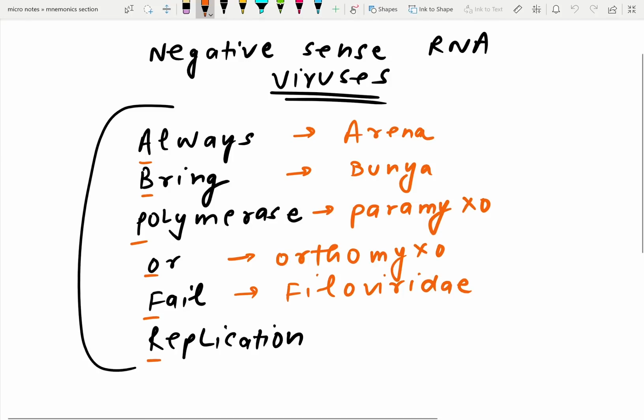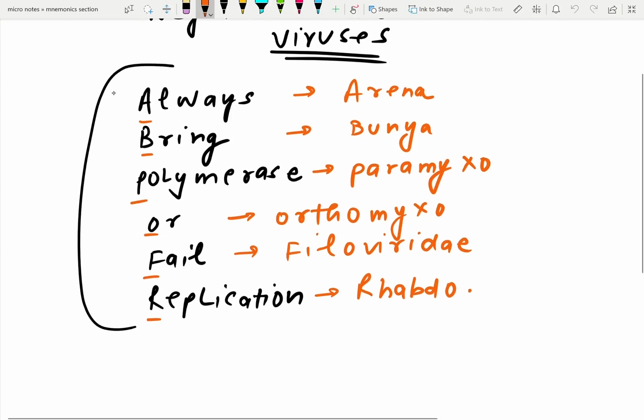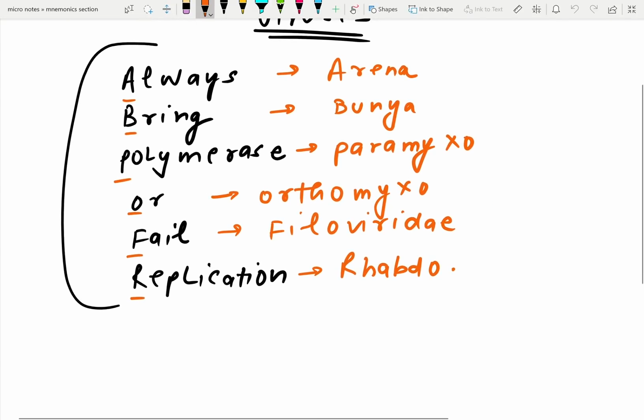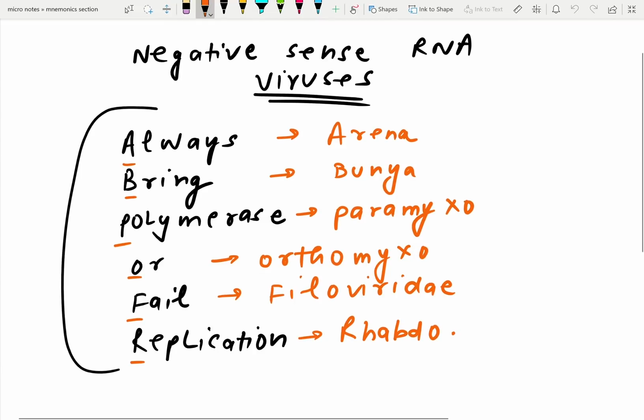And this R is rhabdoviridae. Okay. So A is arena, B is bunya, P is paramyxo, O is orthomyxo, F is filo, and R is rhabdo. So this particular mnemonic will definitely help you to remember the various negative sense RNA viruses.